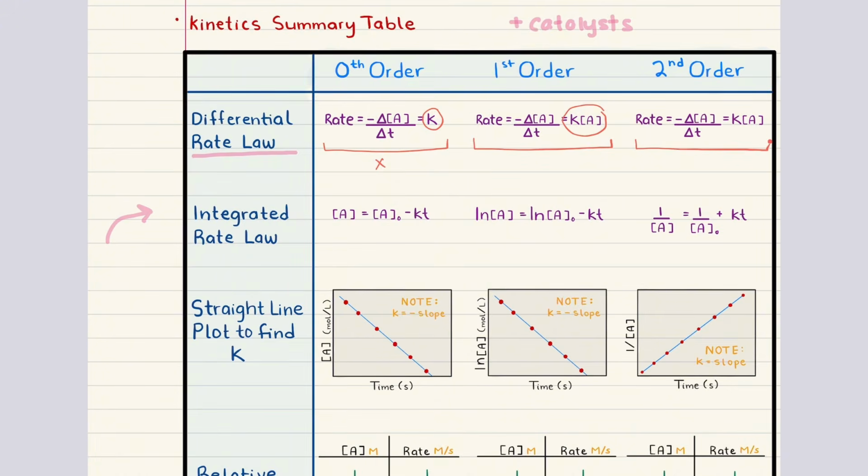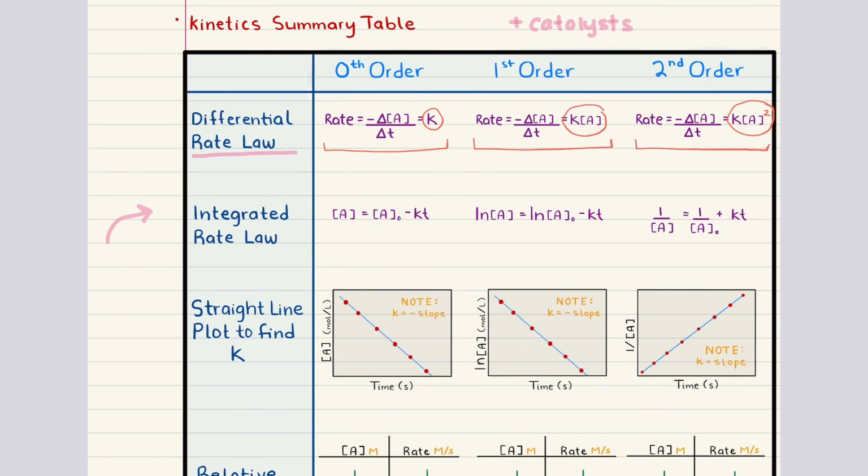And for a second-order reaction, the rate equals k multiplied by the concentration of A squared, or by the product of two concentrations, depending on the system. Each of these expressions tells us how sensitive the rate is to changes in concentration.